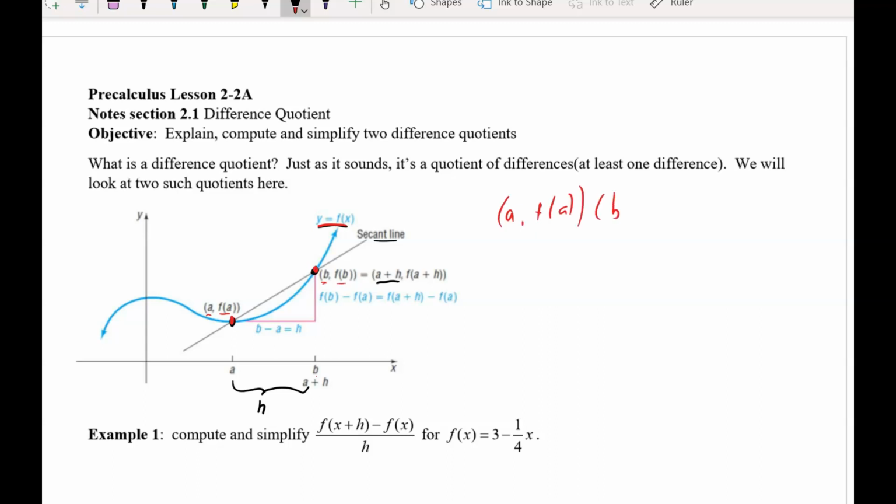and a plus h. That's the x-coordinate, a plus h, comma f of a plus h.